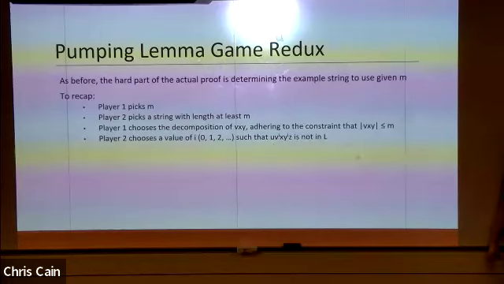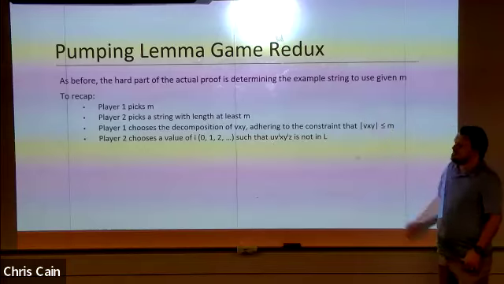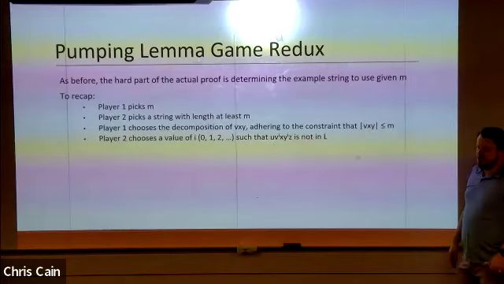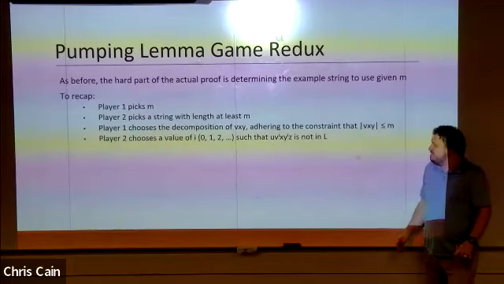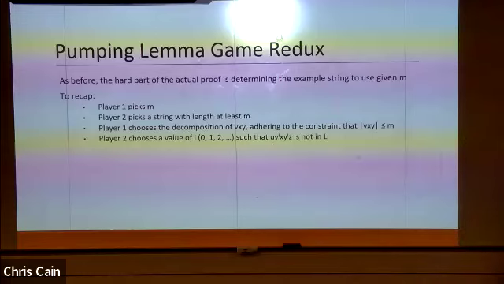If player two plays optimally, they cannot lose the game. And that's what your proof focus should be on, is showing that in general, regardless of what player one does, player two can win the game. If you can do that, then you've shown this language is not context-free. Questions on phrasing this as a game? World's most boring game, but a game nonetheless.